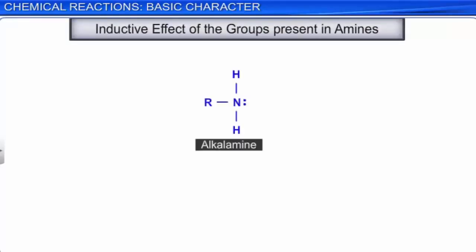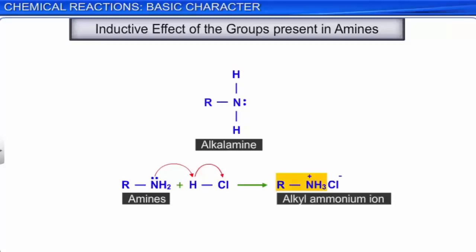Since it tends to donate electrons, an alkyl group R pushes electrons towards the nitrogen atom and thus makes the lone pair of electrons more available to the proton of the acid. Moreover, the alkyl ammonium ion formed from the amine is stabilized due to the dispersal of positive charge by the plus inductive effect of alkyl groups. Hence, alkyl amines are stronger bases than ammonia.